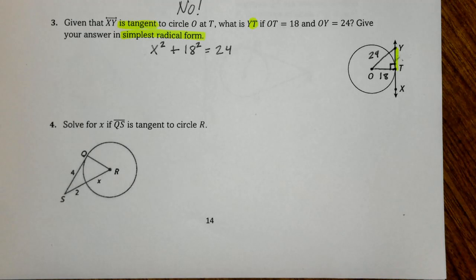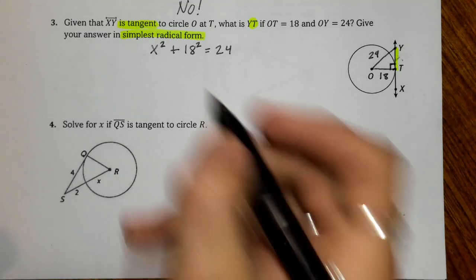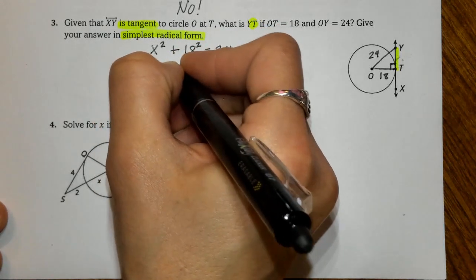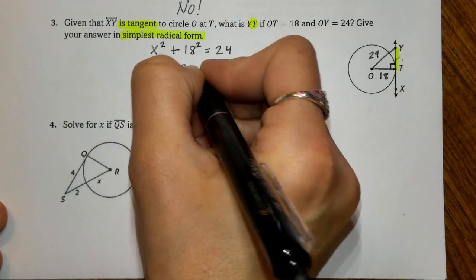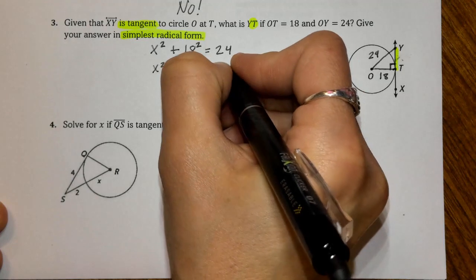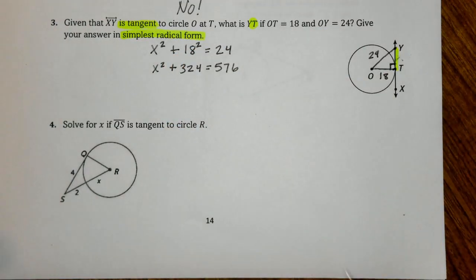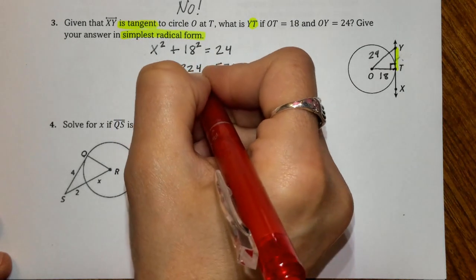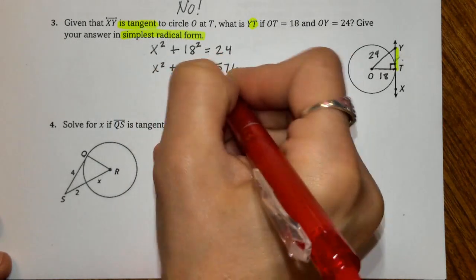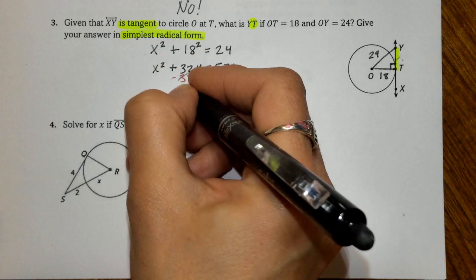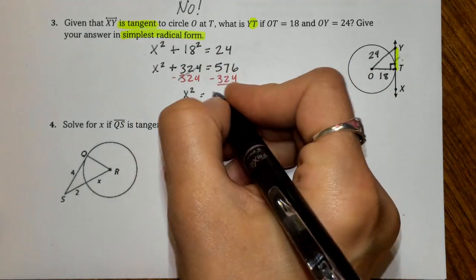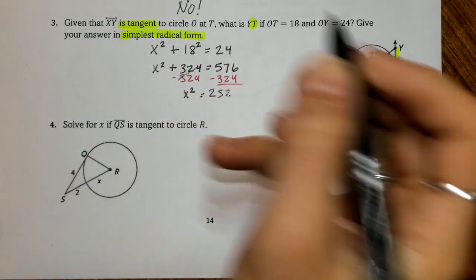Missing a leg, we square the numbers, subtract, and then we simplify the radical when we take the square root. So we have x squared plus 324 equal to 576. We subtract that 324. x squared is going to equal 252, okay?